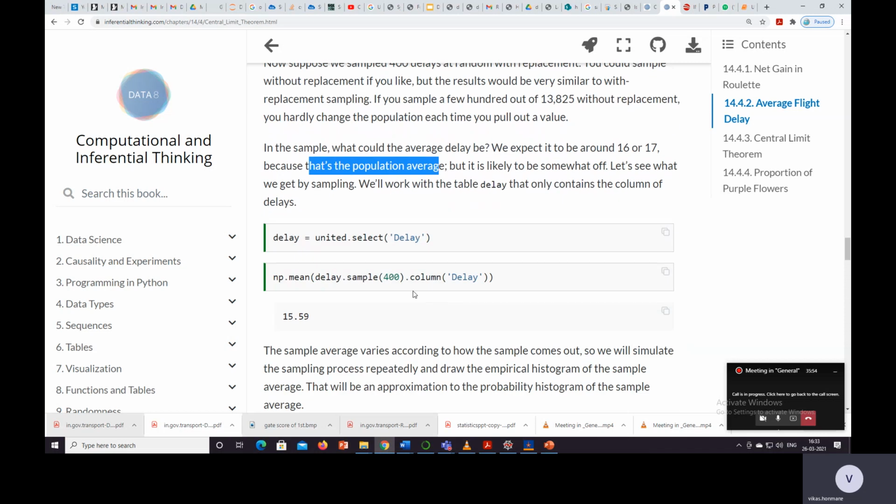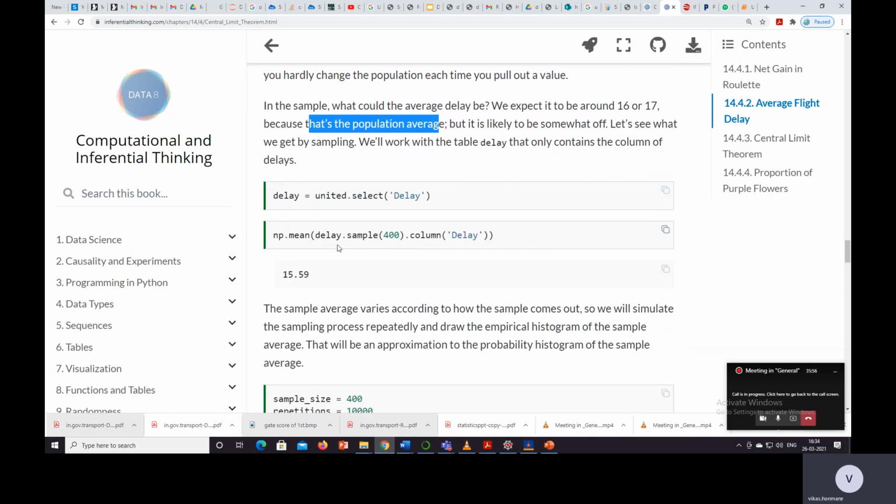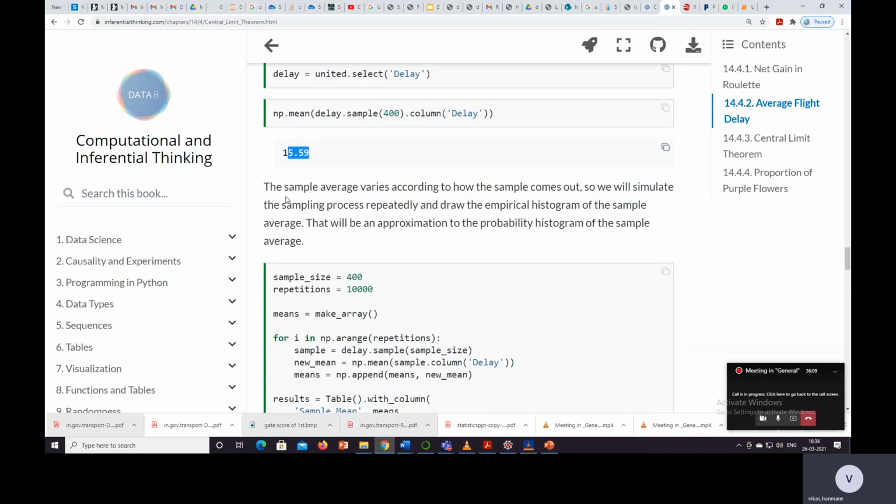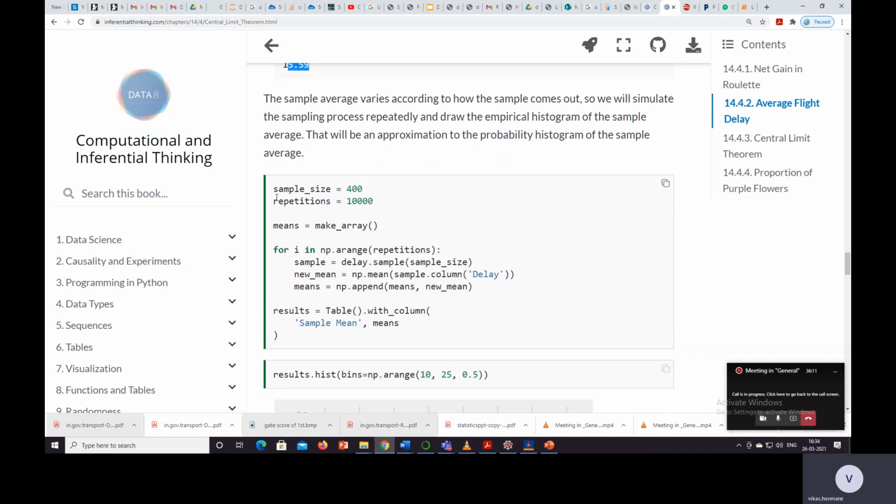Okay, so we sample the delay on the column delay, and then check the mean of that particular column. We got 15.59. Now we take the same sample size 400 and do this same experiment 10,000 times.